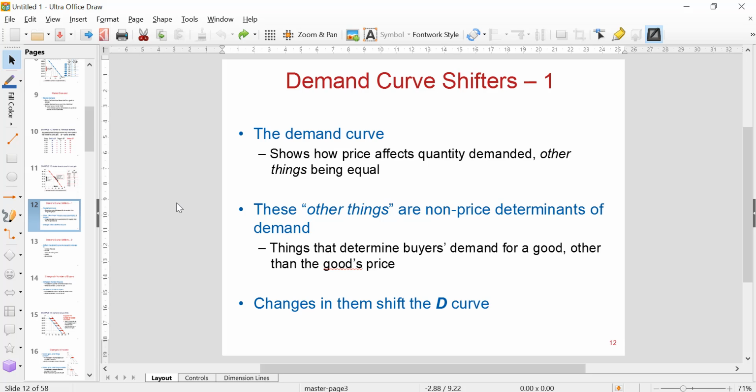Other things could be anything that determines the demand for a product. This could be non-price variables such as income, the number of people in a region, tastes and preferences, and changes in these non-price determinants shift the demand curve.